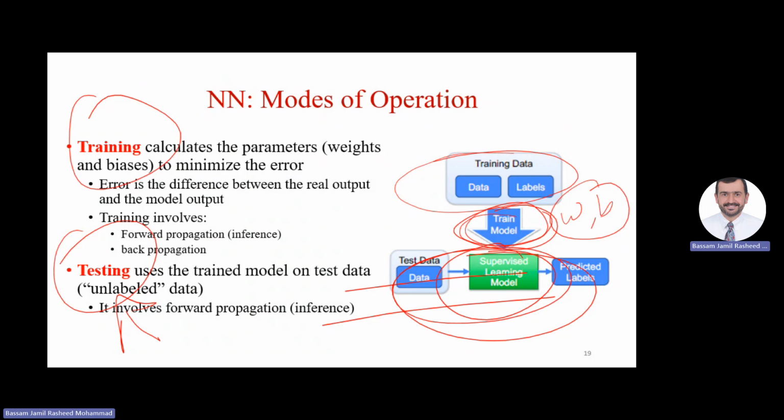Another example, if any of you saw this mop which self-cleans the house. When this robo mop comes in, it takes about 2 to 3 days to know your house, right? That's training.